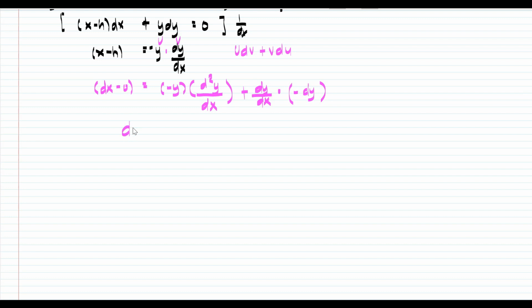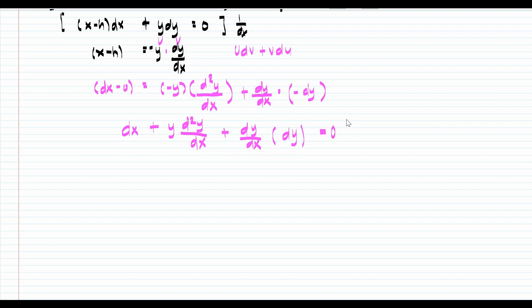Therefore, we get dx plus y d²y/dx plus dy/dx multiplied by dy, which equals 0.